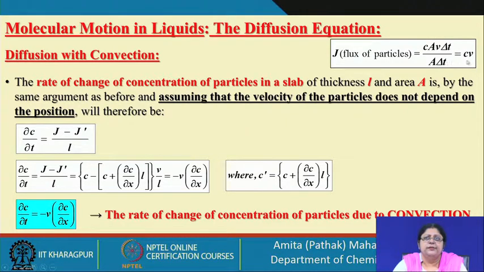You apply this value J equal to C V as the condition for finding the change in concentration with time. Okay. So, if you are finding the change in concentration with time, you substitute the value for J and J prime and divide by L. So, what do we have? C is already there and V will always be there.